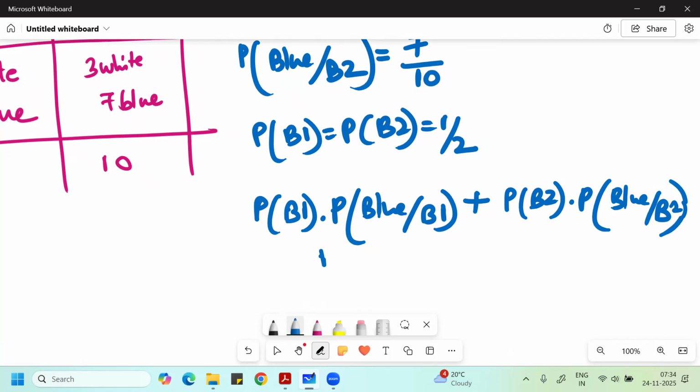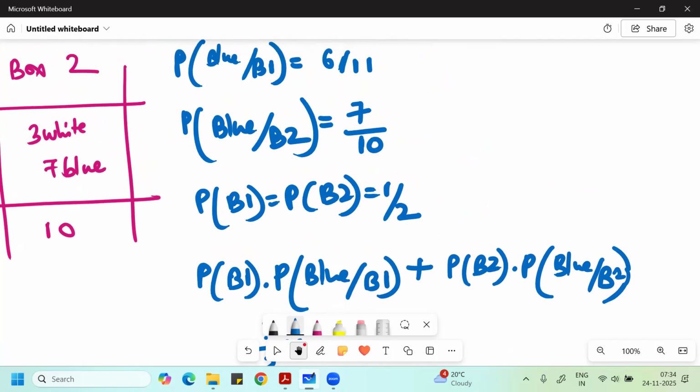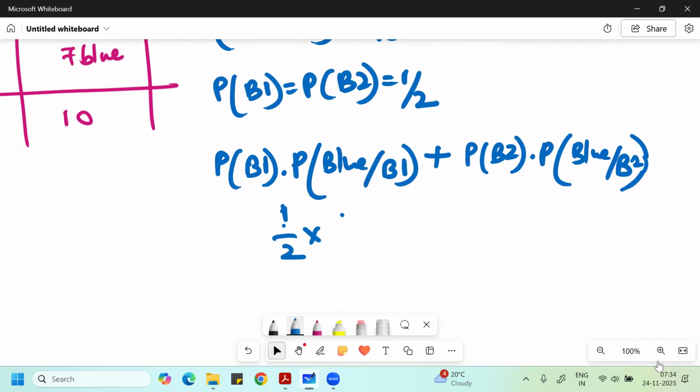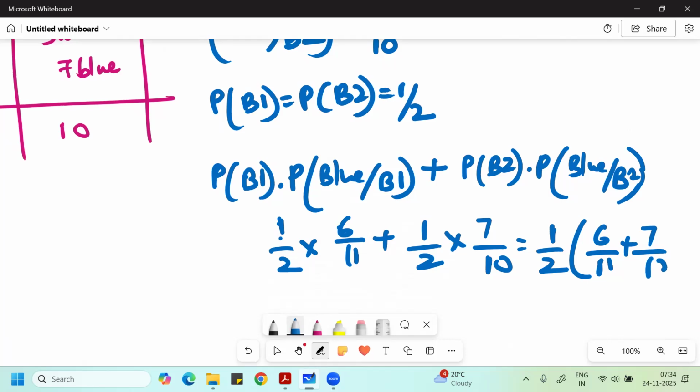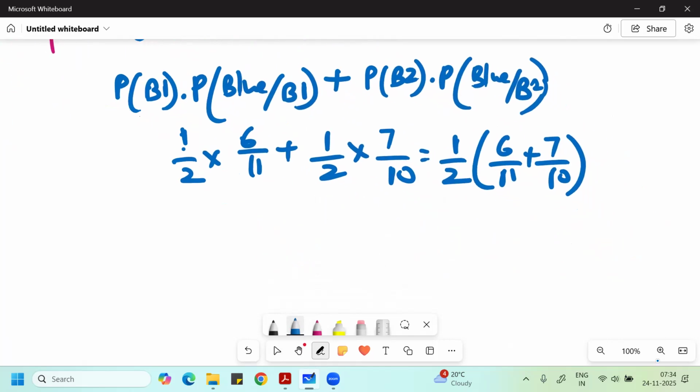So box 1 is 1 by 2, and you will get a blue ball with 6 by 11. And box 2 probability is 1 by 2, and you will get a blue ball with 7 by 10. So you can take 1 by 2 common: 6 by 11 plus 7 by 10. You can solve this.